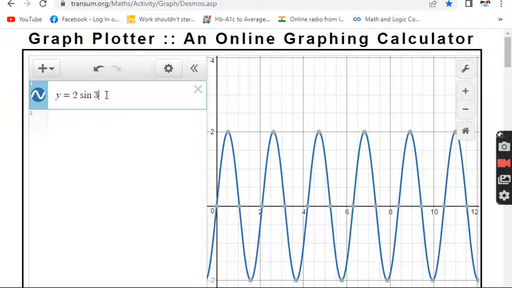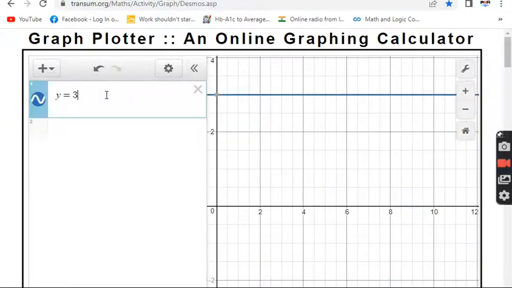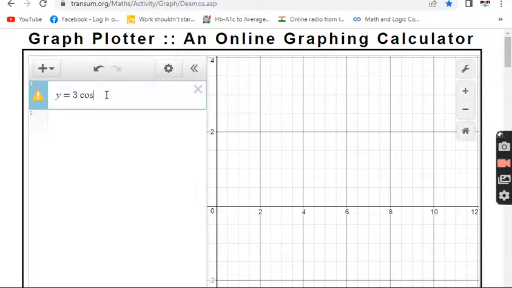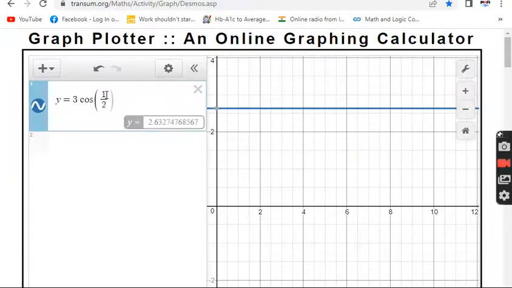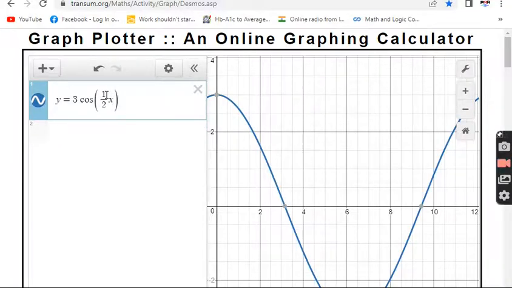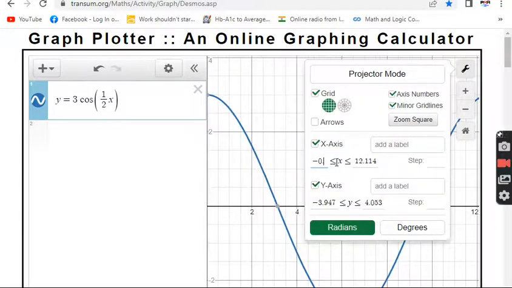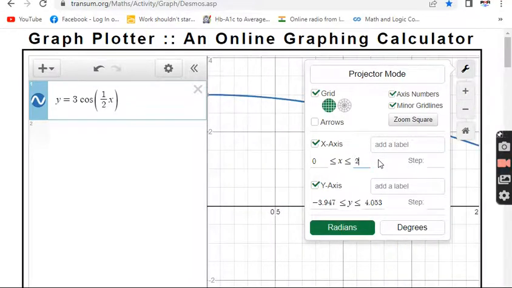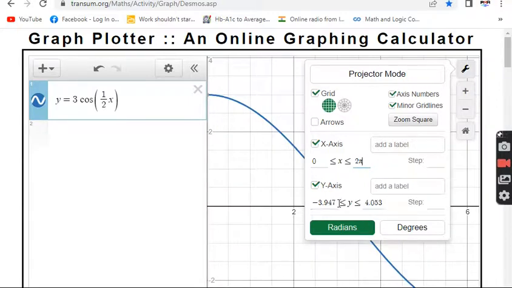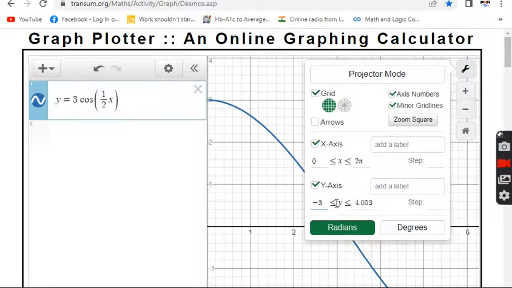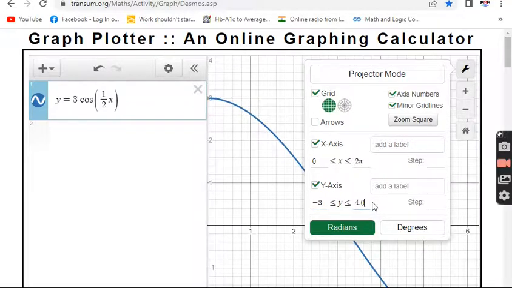So our question is y equals 3 cos 1 divided by 2 x, and the x is from 0 to 2 pi, and y is from minus 3 to positive 3.